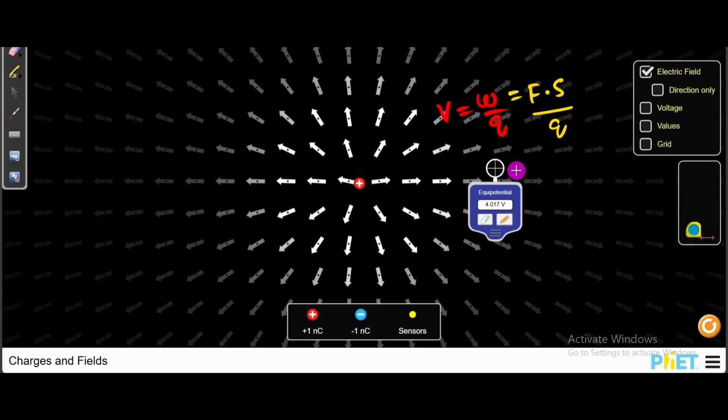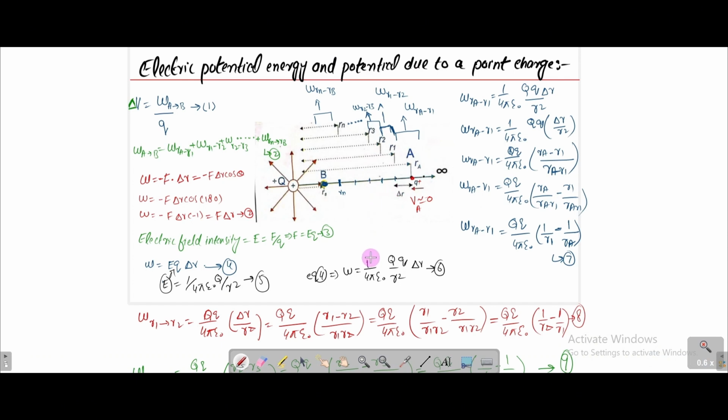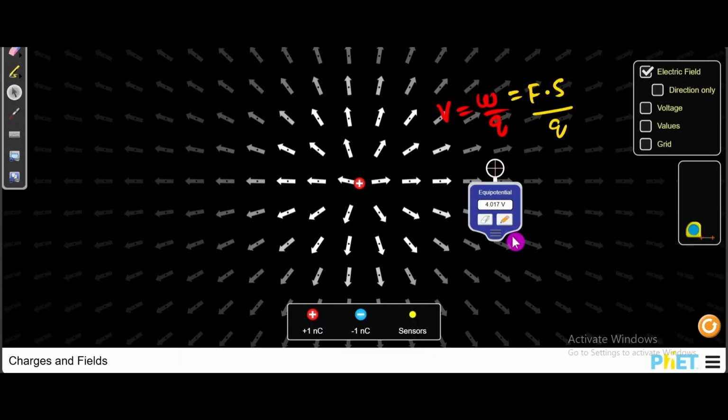But this is explained here. The potential at a specific point is not 0, because we consider another positive charge at infinite distance from this positive charge, and with respect to that charge at infinity, we find the potential at a specific point, and therefore this voltmeter shows us the potential at a specific point.